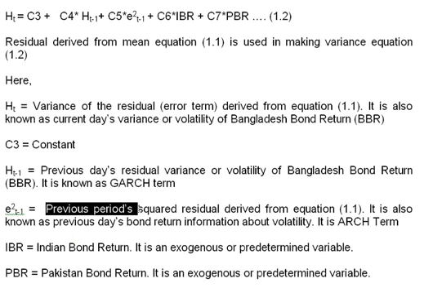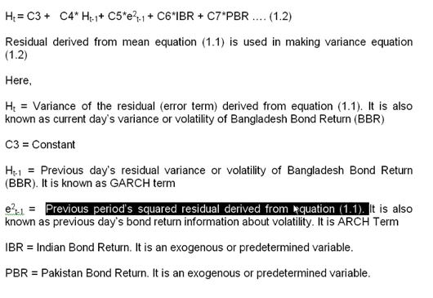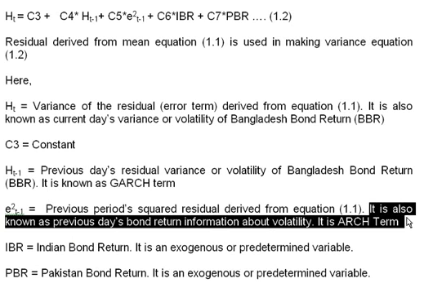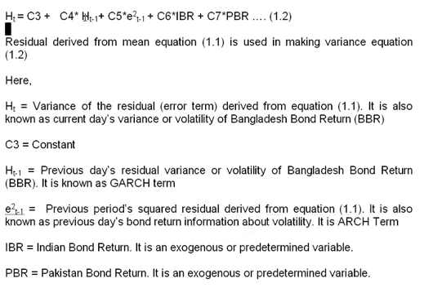It is also known as the previous day's bond return information about volatility, and it is the ARCH term. So in this model, there is one GARCH term and one ARCH term. That is why we are calling it GARCH(1,1): there is one ARCH term and one GARCH term.